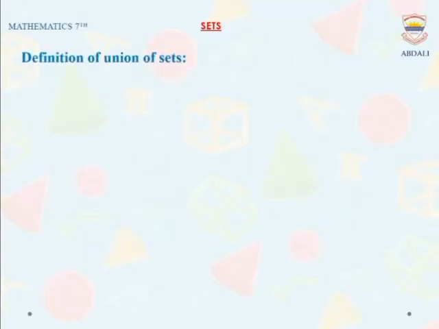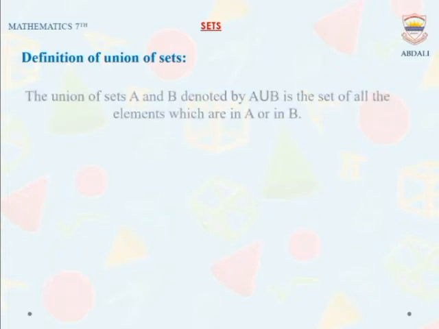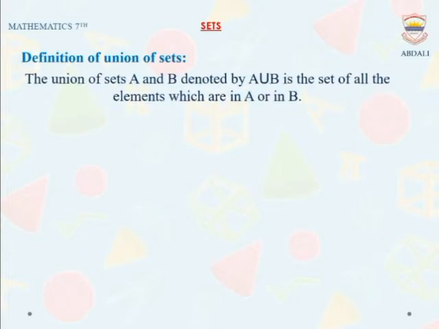Now we are going to see the definition of union of sets. The union of sets A and B, denoted by A ∪ B. Yes, the symbol between A and B is the symbol of union.